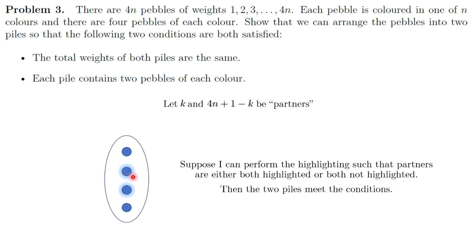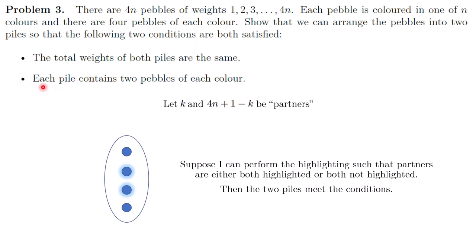The highlighted pebble will be placed into pile A and the non-highlighted one will be placed into pile B. Suppose I can perform the highlighting such that the partners are either both highlighted or both not highlighted. Then I claim that we have actually met the 2 required conditions of the problem.